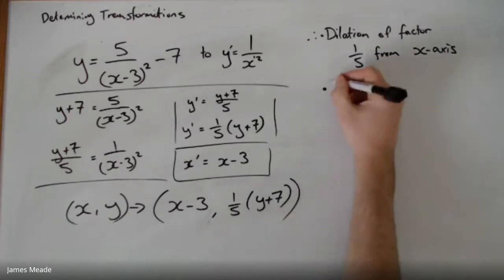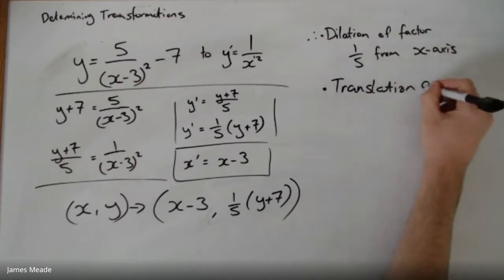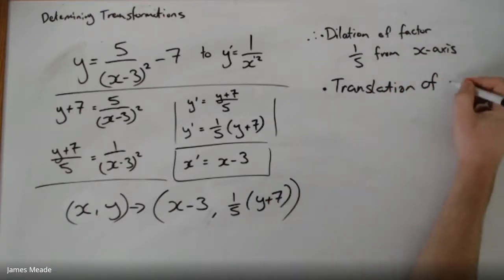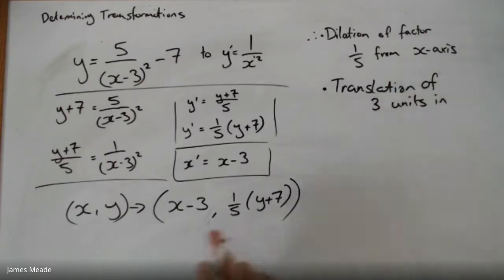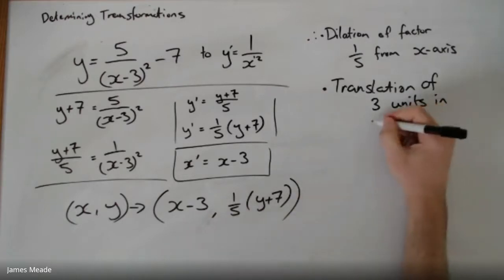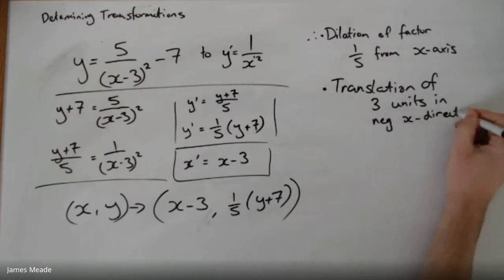So now I just list my translations. Let's do our x ones first. We've got 3 units in, it's going minus, so it's going in the negative x direction, or left.